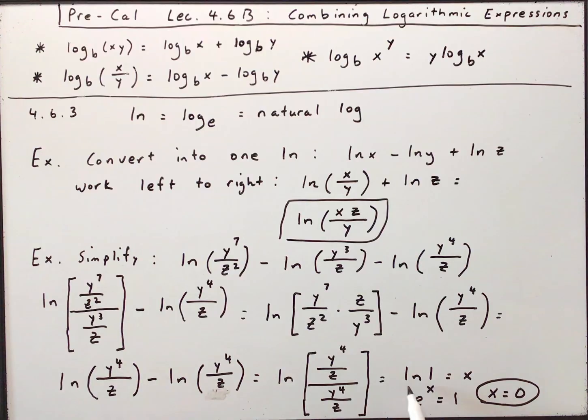So combining this all into one expression, you'd have the natural log of 1, and I went ahead and told you what the natural log of 1 is, and it is 0. We changed it to an exponential because natural log is log base e. e to the x is equal to 1.